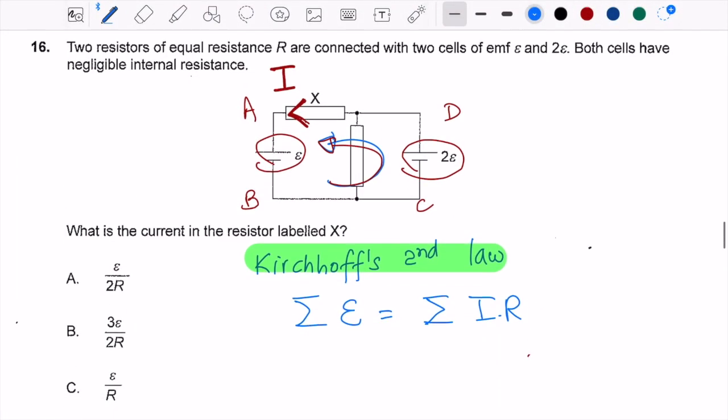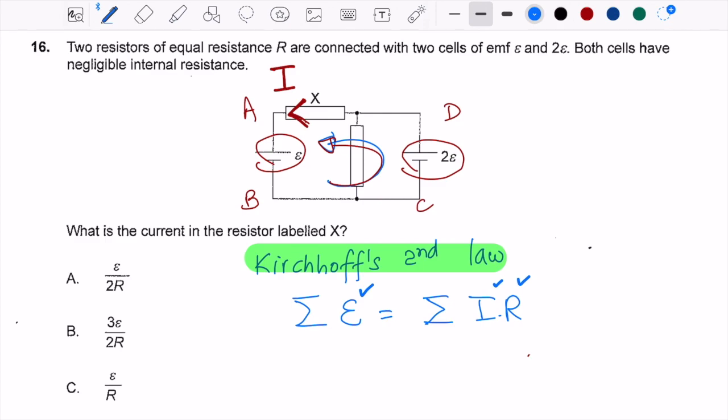This question number 16 is about Kirchhoff's second law. Kirchhoff's second law says in a loop, the total EMF generated by power supplies equals the total current times resistance values across each component, right?